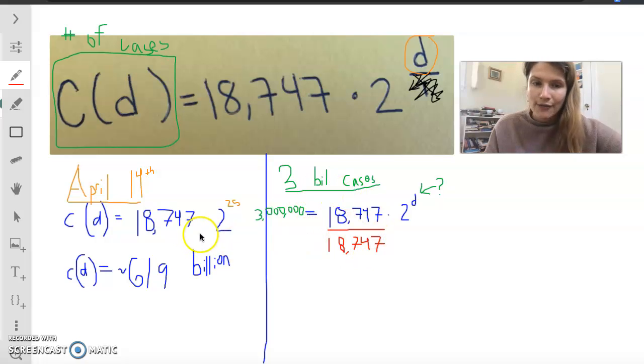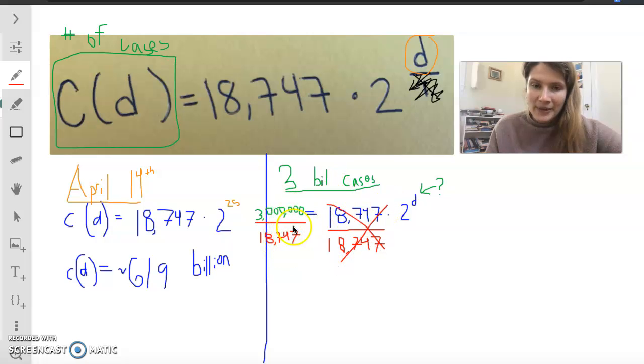Whatever I do to one side of the equation, I have to do to the other side. So on the other side, 18,747. This cancels out. Great, that's what I wanted it to do.